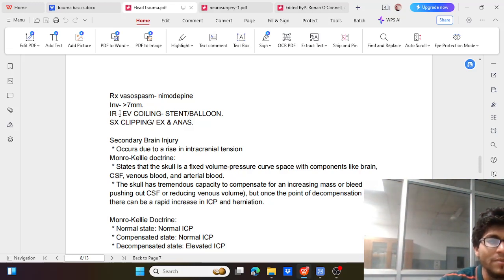The technique is endovascular coiling to repair the aneurysm and stenting the blood vessel, or repairing it with the help of a balloon. And if we have to do surgery, opening the patient, the surgical method can be done. Interventional radiology is not surgical, it is minimally invasive, so we are not opening the patient, not giving any incision. In surgery, we will give the incision and do clipping or excision and anastomosis of the aneurysm. This clipping and excision is generally done when coiling is not possible.